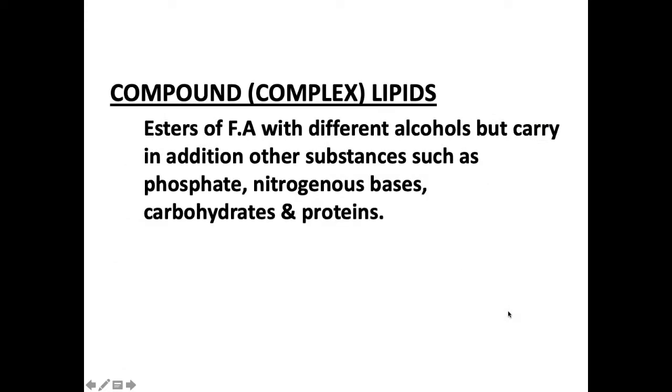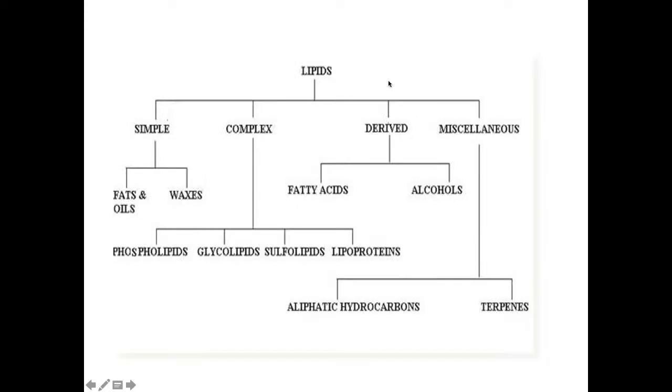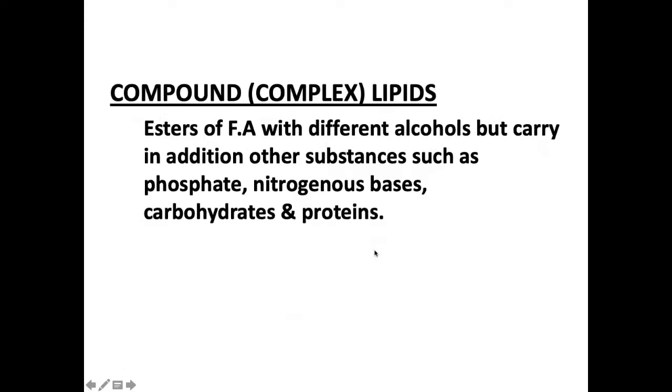Right. So the compound lipids, or we can say the complex lipids: phospholipids, glycolipids, sulfolipids, lipoproteins. They are the esters of fatty acids with different alcohols but carry in addition other substances such as phosphate, nitrogenous base, carbohydrates and proteins, as we have discussed before.